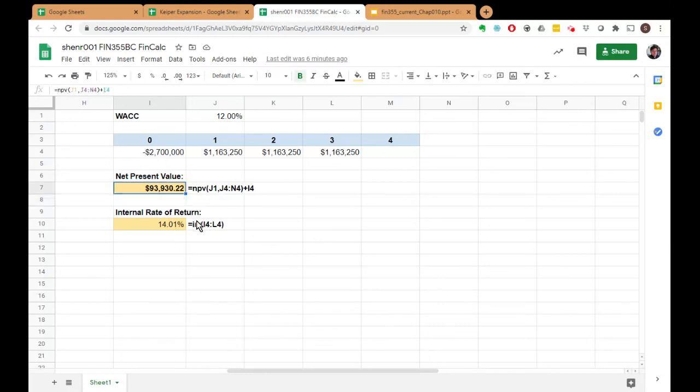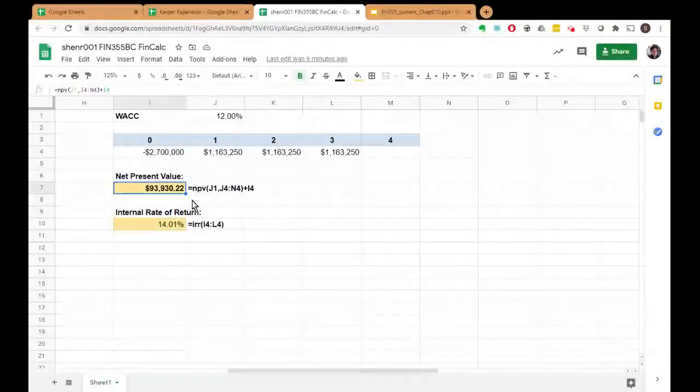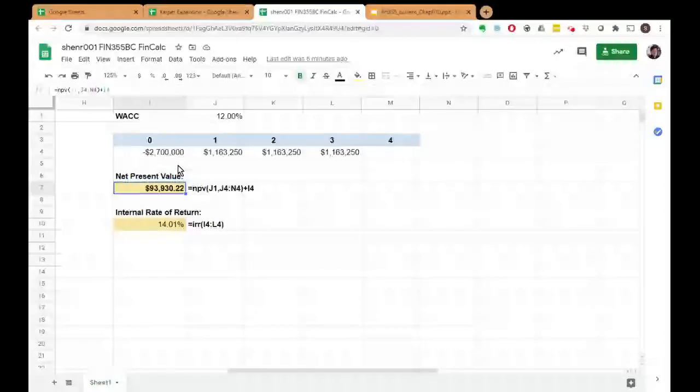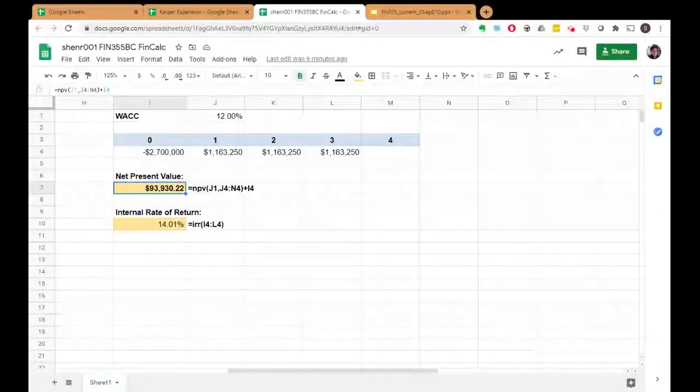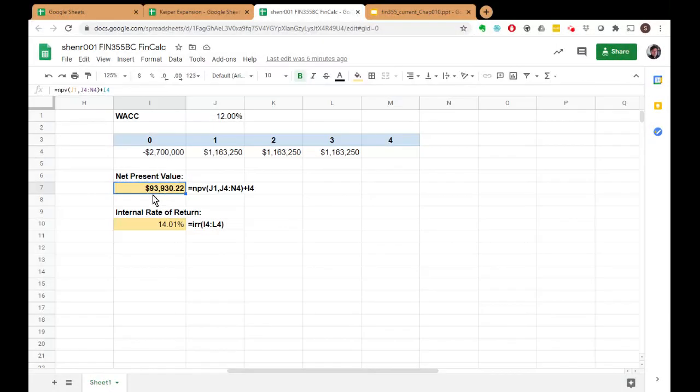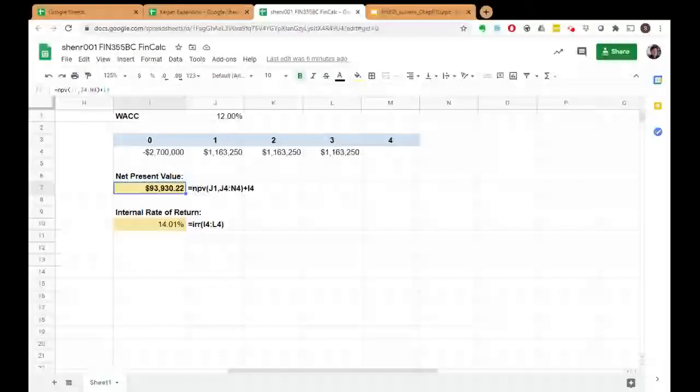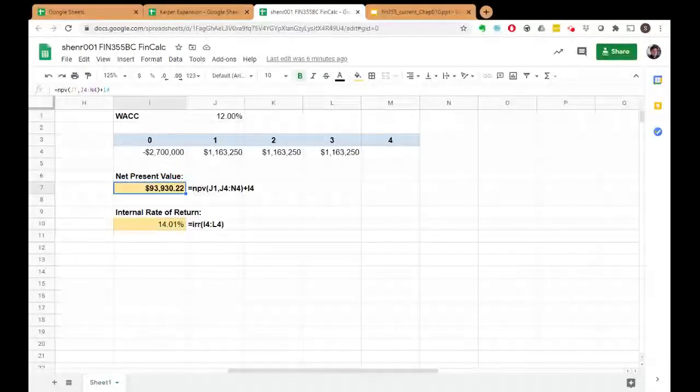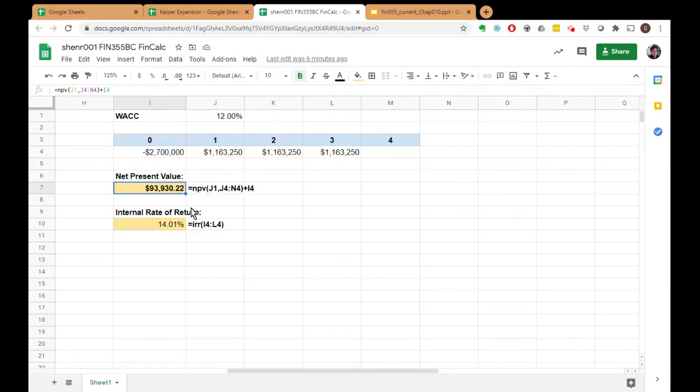The important thing to know about it is that it's positive. By investing $2.7 million today, we're creating an asset with a value of $2,793,930. The value of the benefits expected in the future outweighs the cost by this much. It's a good investment.